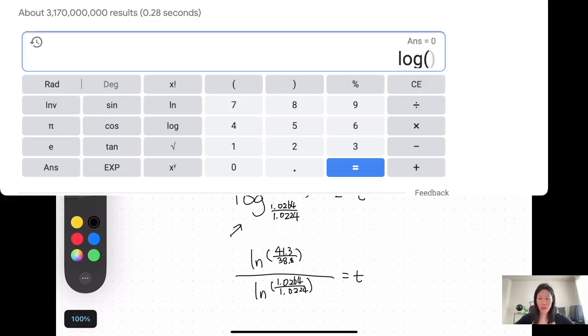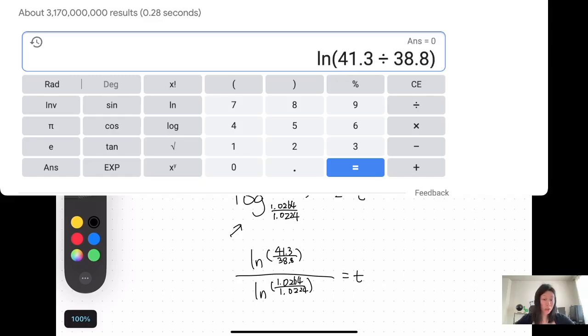So in here, I have log, natural log or common log, they're both okay. So let's stick to the natural log. I have 41.3 divided by 13.8.